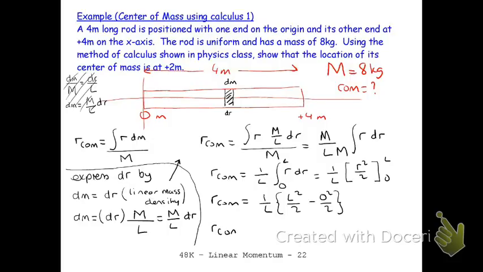Our center of mass is equal to L squared over L times 2, which equals L over 2, which in this case is 4 over 2, which equals 2 meters.